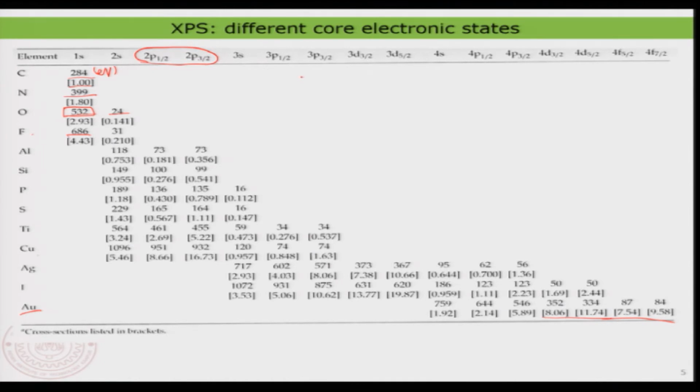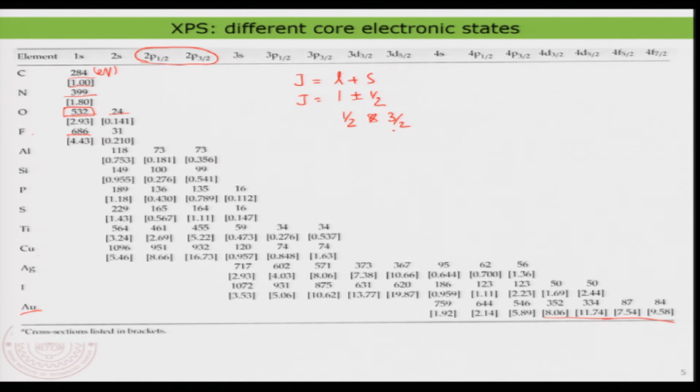The spin orbit coupling quantum number is known as J, which is L plus S, where L represents the orbital angular momentum and S represents the spin angular momentum. For a p state, L is equal to 1, and I also have plus or minus half for the spin of the electron. That means I can have 2 J values: half and 3 by 2.